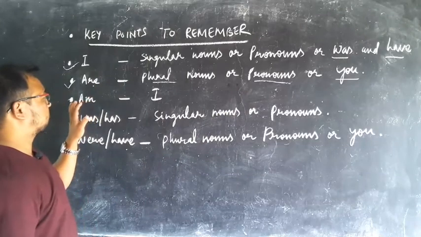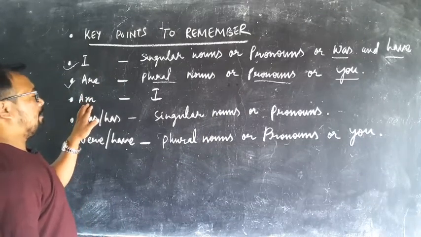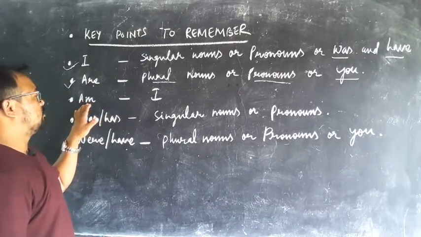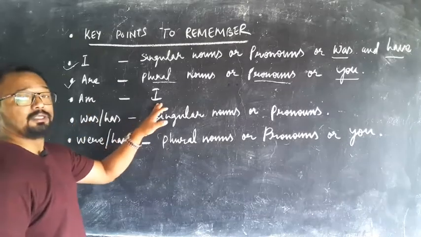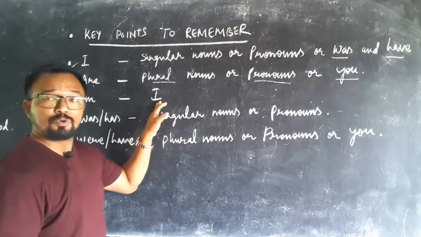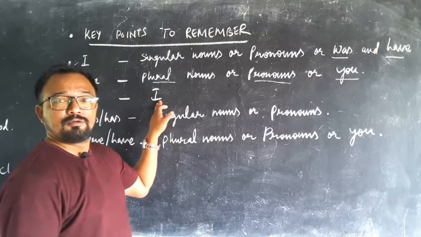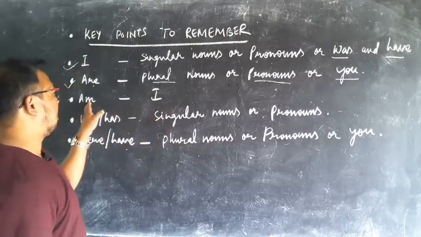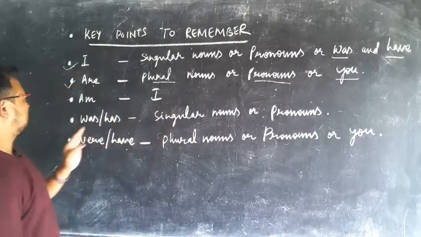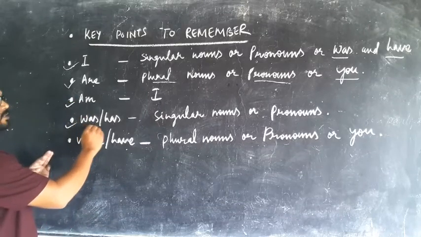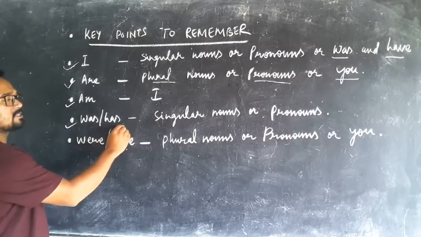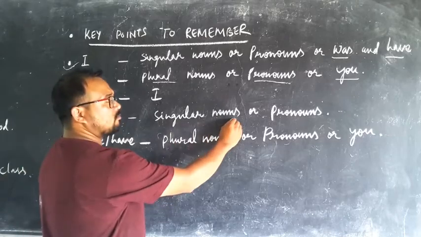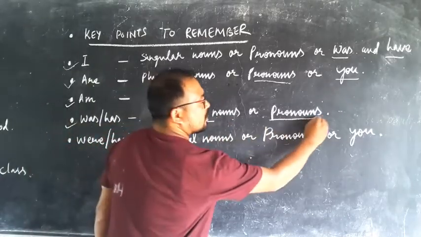Alright, next one, am. The word am can be used with only I. I am going to school. Okay, so you will use the word am with I. Next one, was and has. So was and has can be used with singular nouns or pronouns.